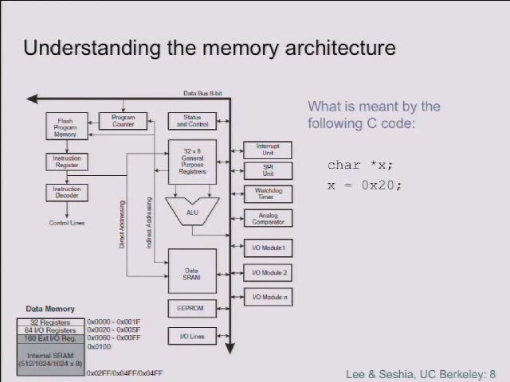I mean, the compiler will translate this into a very simple, probably single line of assembly code, which is essentially something like a move immediate of this constant 0x20 into whatever location it decides, but we need to know what location this is.